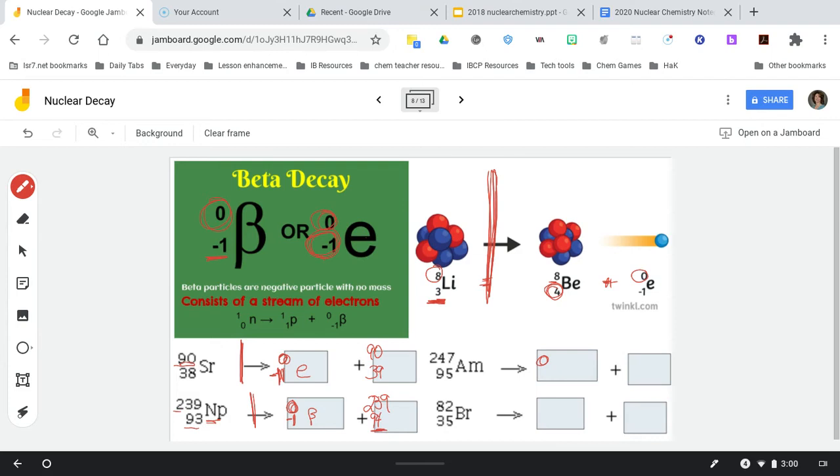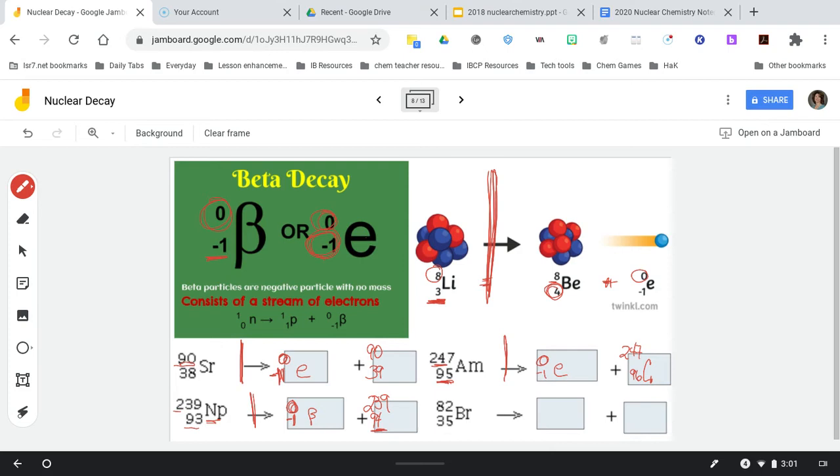Americium, same idea. Beta particle here, 0, -1. There's my beta particle. 0 plus 247 is going to equal 247 on top. And then 95, I have to have 96 plus -1 matches my 95.